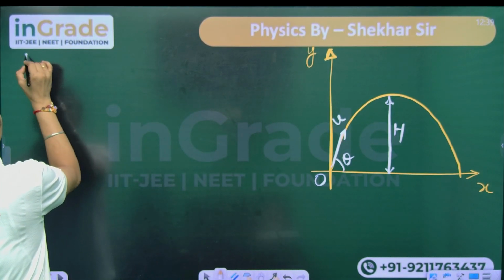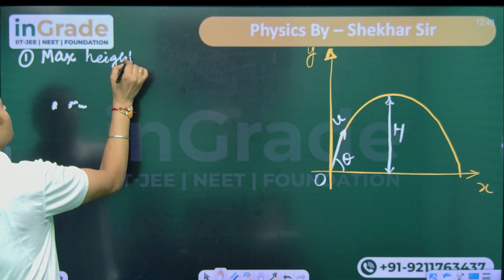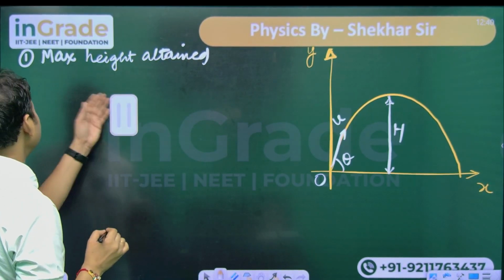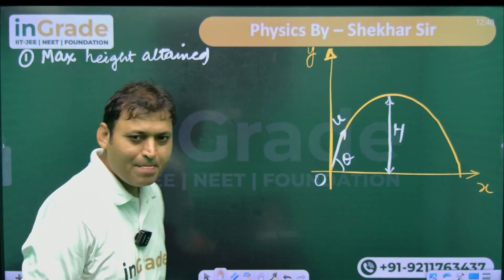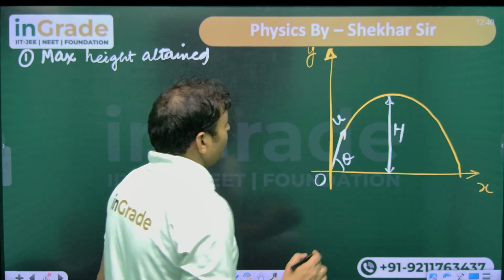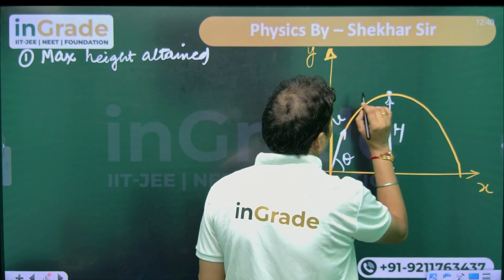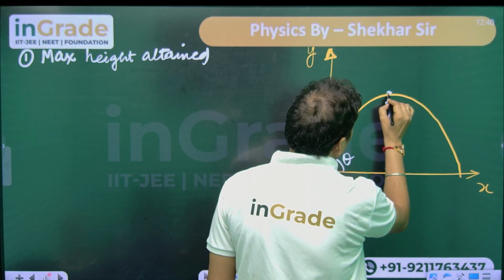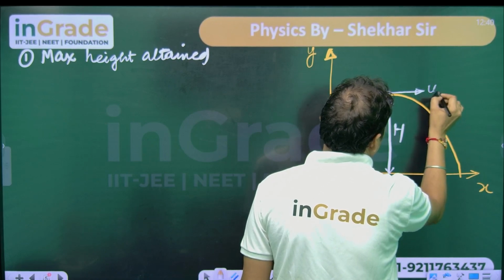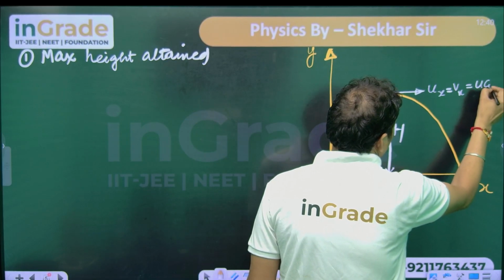So can we say that at the highest point, the particle will have only horizontal velocity, that is ux, or we can call it vx, equal to u cos theta.